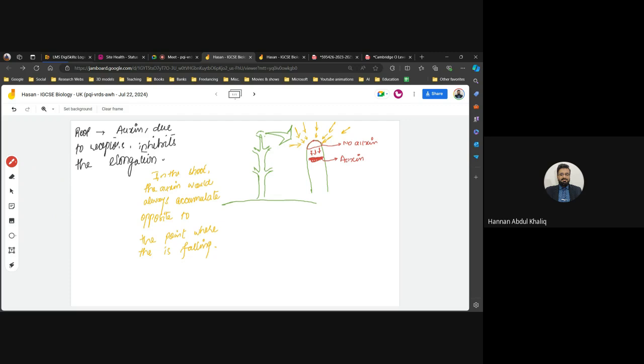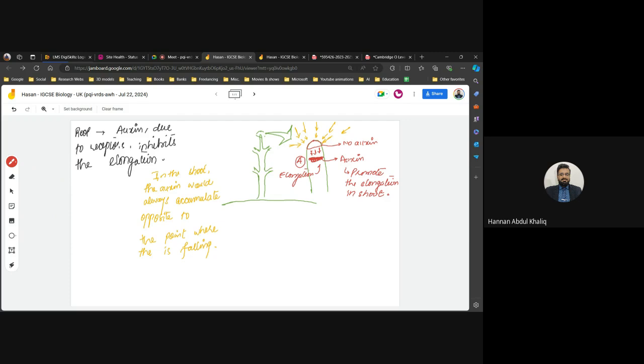What does it mean? It means that if oxygen is accumulating at this point, let's suppose this is point A, the elongation would happen here. Because what I said, the oxygen would promote the elongation in shoots, but it would never accumulate at a point where the light is falling.